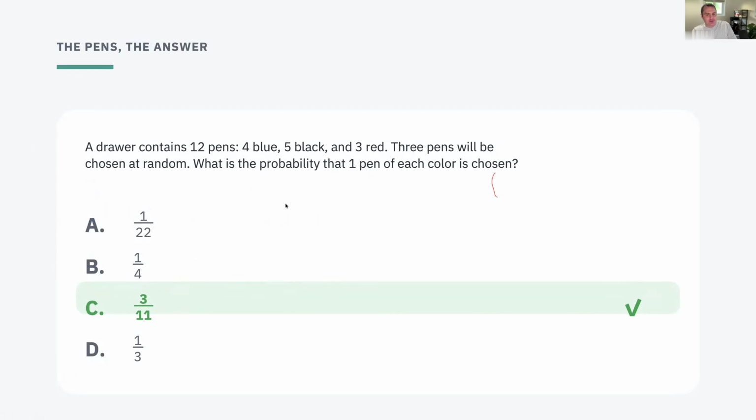Sometimes you write this notation, but I'm going to write a more familiar one that we all learned. Hopefully that makes sense because all we're doing is asking how many ways there are to choose 1 from 4. And that will give us 3/11ths overall.